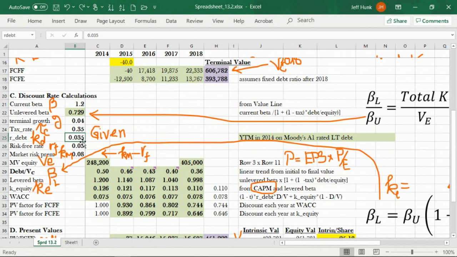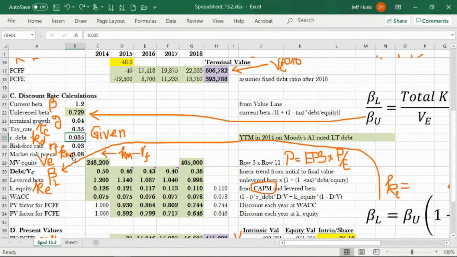That would be 0.005, which is 0.5%. The numbers look quite similar, but don't get mixed up. Don't mix up the tax rate with this, because the tax rate is 35%. This is only 3.5%. This is 3%. So our bond is just 0.5% riskier. Or, I mean, the risk premium is 0.5%.